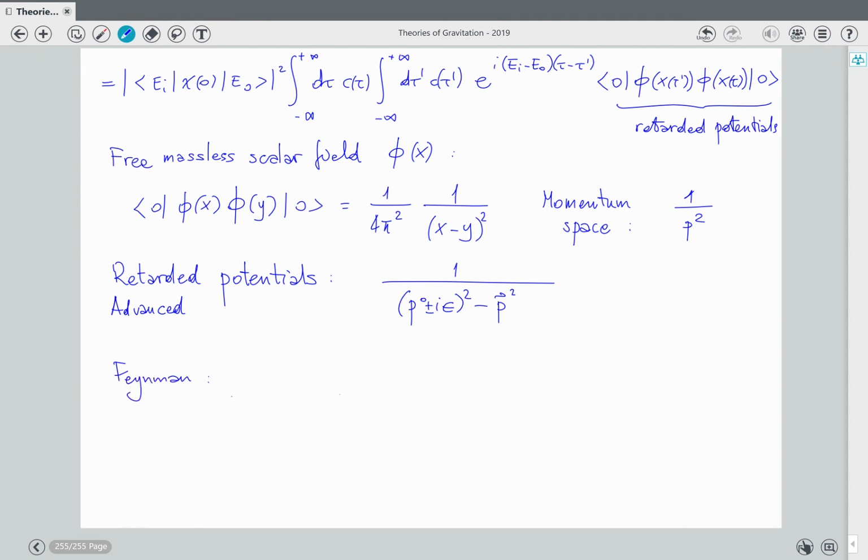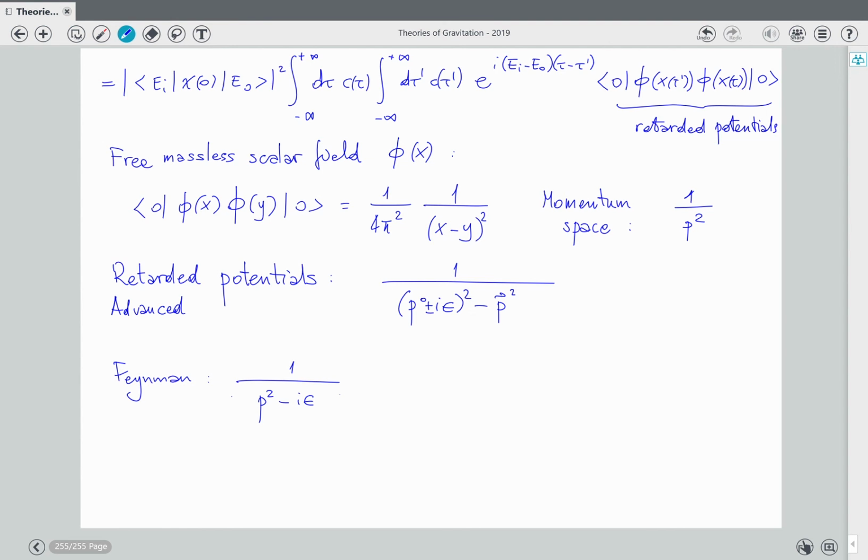The Feynman prescription instead, which we already met, but that is for the theory of scattering, that's the T-ordered product, is different. But here we cannot use the Feynman prescription because we do not have the T-ordered product.